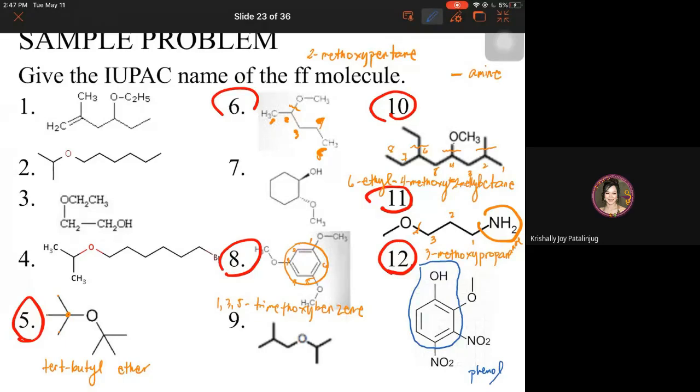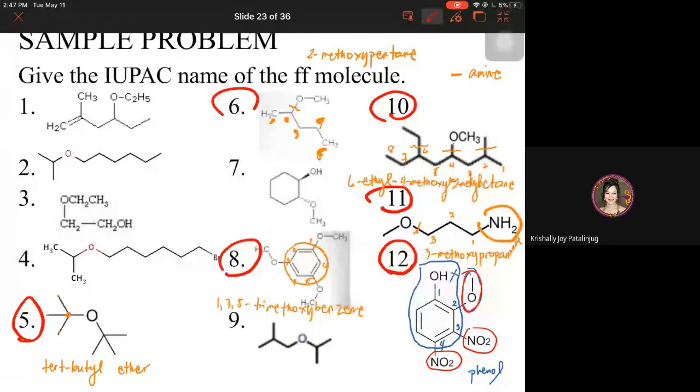Then continue. This is carbon 1. Tuyok din ka kung asa dool ang mga substituent. 3, then 4. Then alphabetical na dayon. Alphabetical, di na nini mo apilon ang OH. Kay part naman na sa phenol. Nara ang mga substituent. Methoxy, atong i-read. Methoxy, and duha ka nitro. Okay?